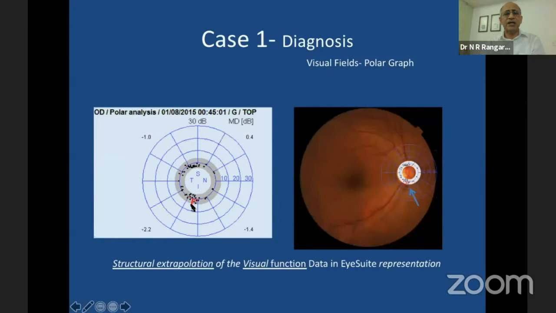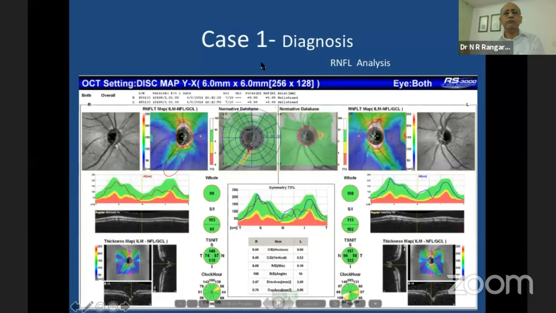When you analyze it, you look at this small bar, and this gray area is the normative area. Then this is 10 decibels, 20, and this is 30. So the length tells you the depth of the defect, and that correlates very well with the hemorrhage. And when I did an OCT, you must remember that it is not the gold standard either.